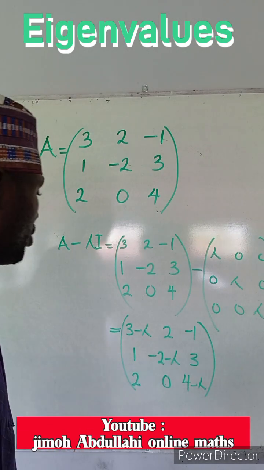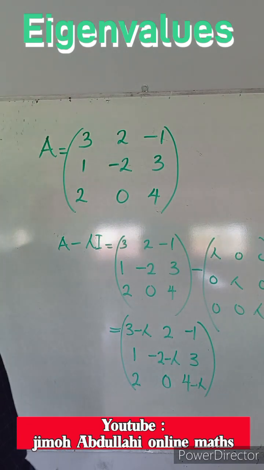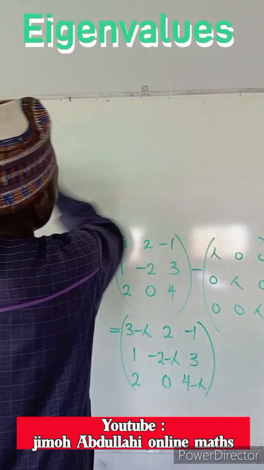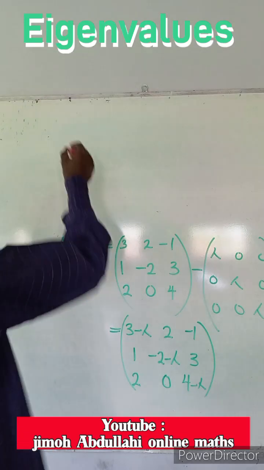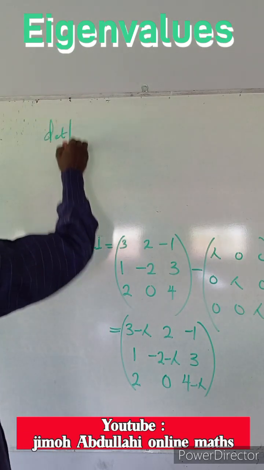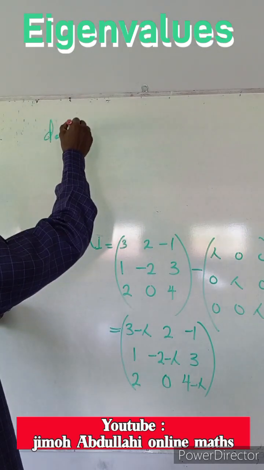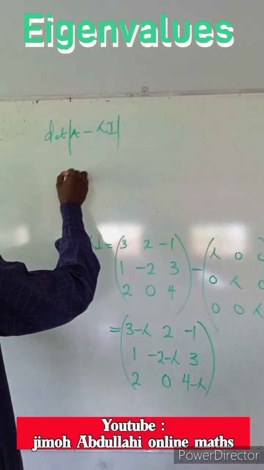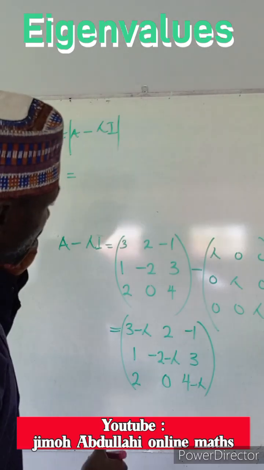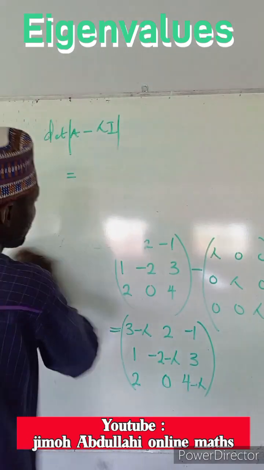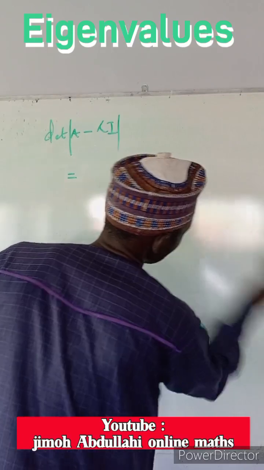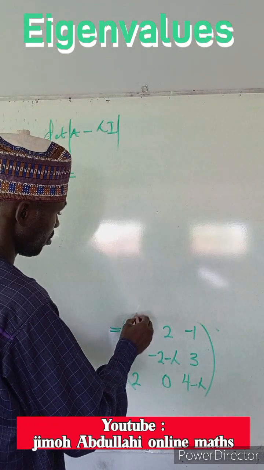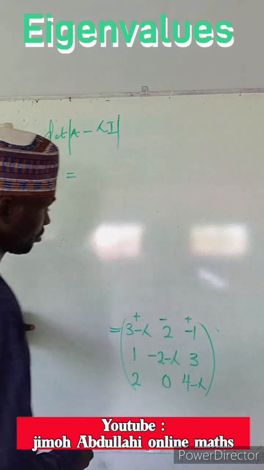So how do we find the determinant of this? The determinant of A minus lambda unit matrix equals to. Now don't forget that in finding the determinants, we are going to take note of the sign. And don't forget that here will be plus, minus, plus.